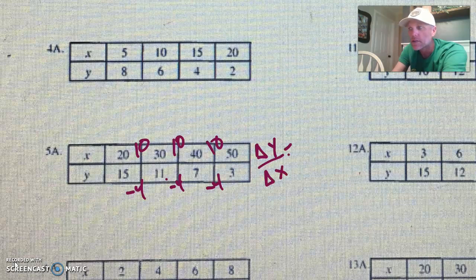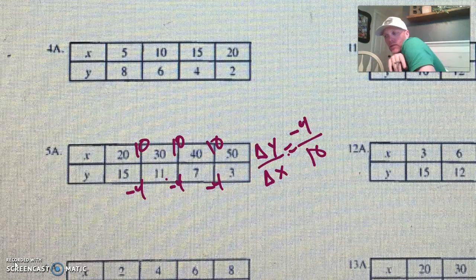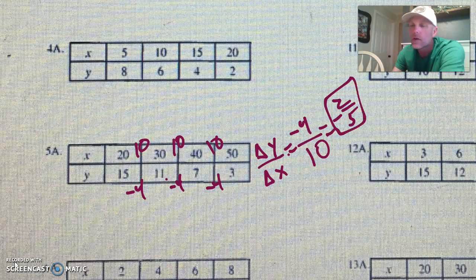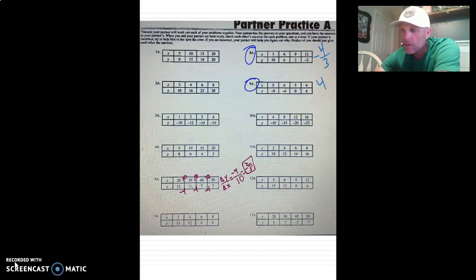The y is changing by negative 4. The x is changing by 10. We are going to need to simplify that, right? Because they're both even. So the same thing would be negative 2 over 5.